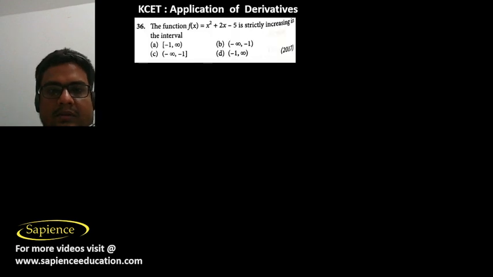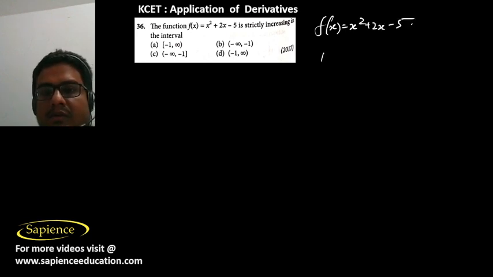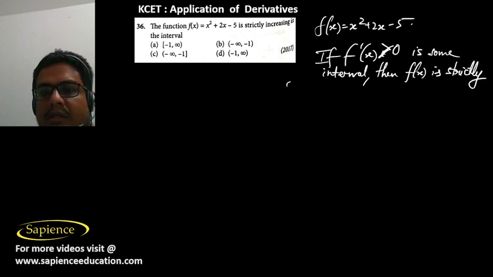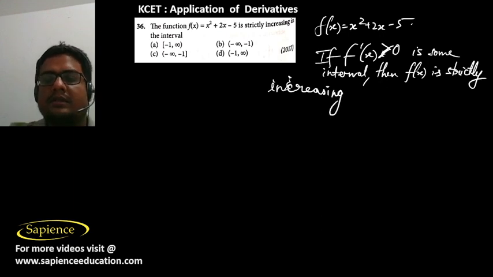Then question number 36, it's told the function f of x, that is x square plus 2x plus 5, is strictly increasing in the interval of. If f dash x is greater than 0 in some interval, then f is strictly increasing in that interval. This is the rule.